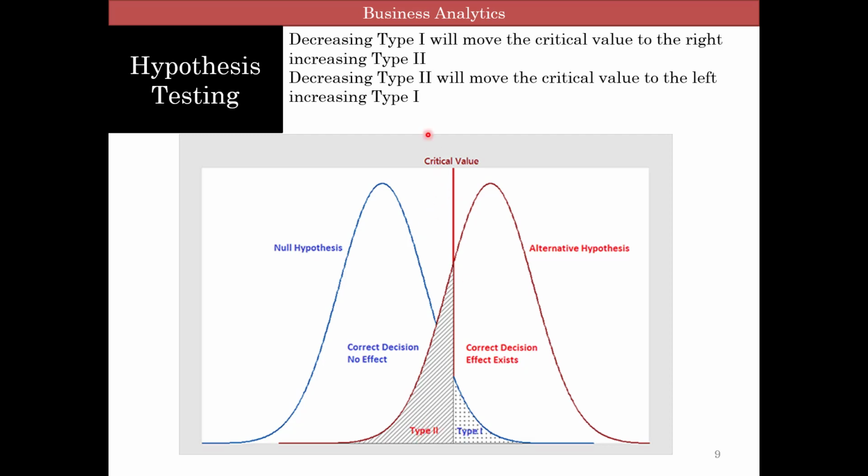And what you'll see is, if you want to reduce your type 1 error, you just have to move the critical value to the right. That will reduce your type 1 error, but that will increase your type 2 error. Similarly, if you want to reduce your type 2 error, you can move this line to the left and take a cutoff much earlier, but that will increase the type 1 error.